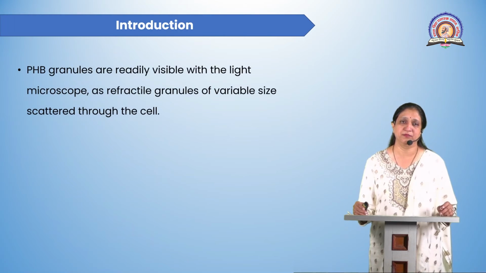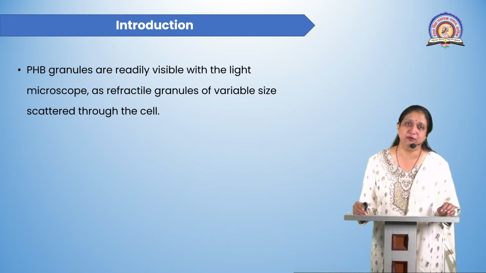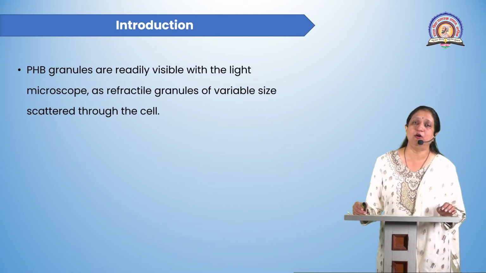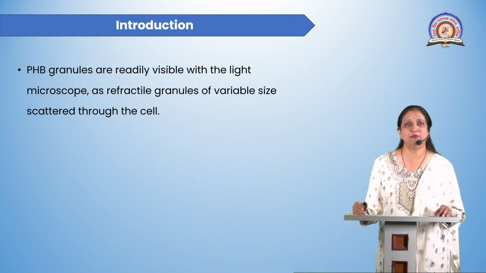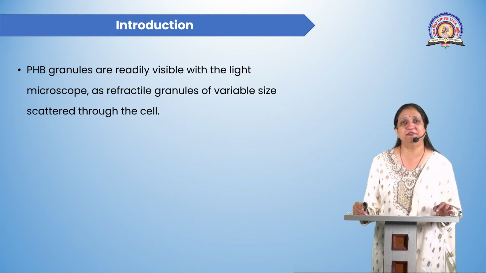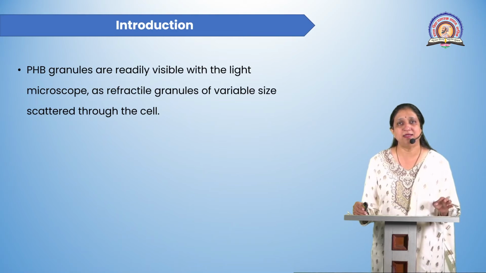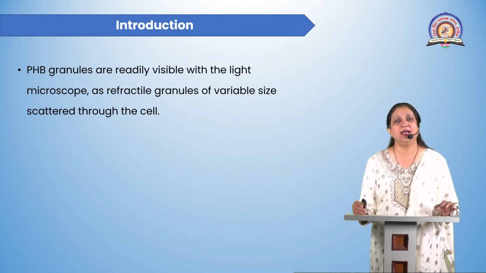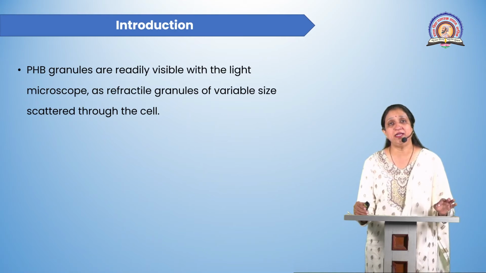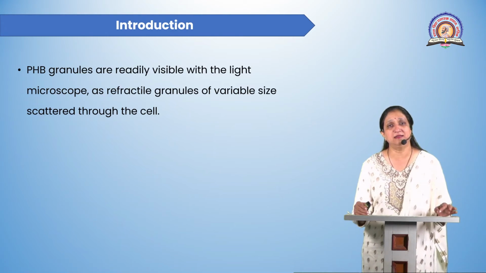These PHB granules can be easily observed under the light microscope as highly refractile granules like the metachromatic granules, and they are also of variable sizes and scattered throughout the cytoplasm.